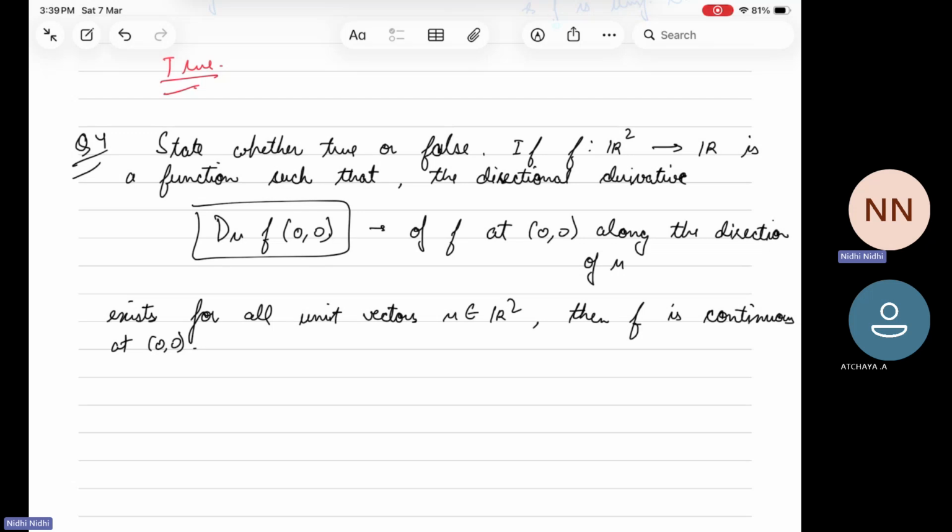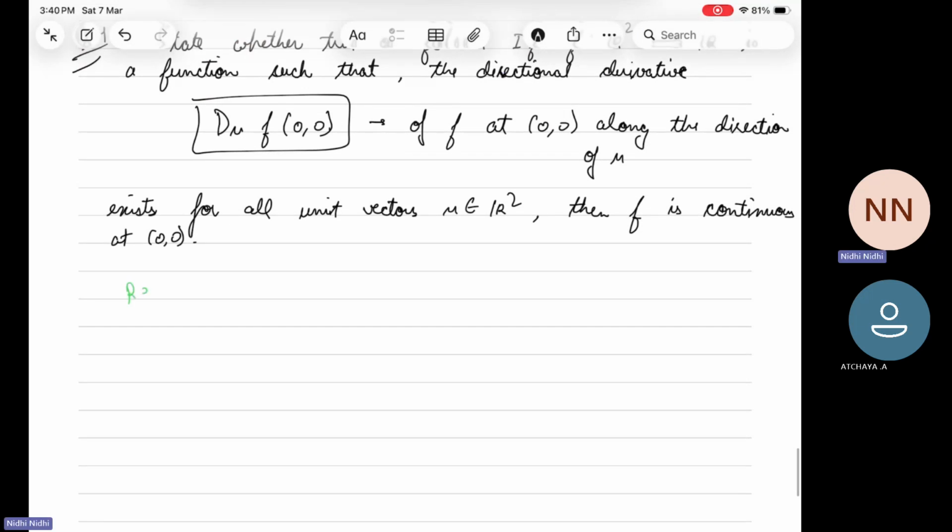For that, firstly, you should be well acquainted with the definition of the directional derivative, so I'll just recall how we evaluate it in the direction of u. If u is a unit vector given by (u1, u2), since it is a unit vector, u1 squared plus u2 squared equals 1.